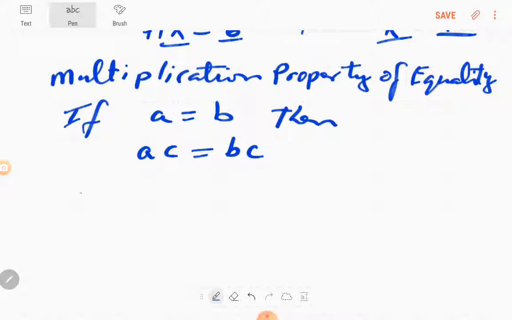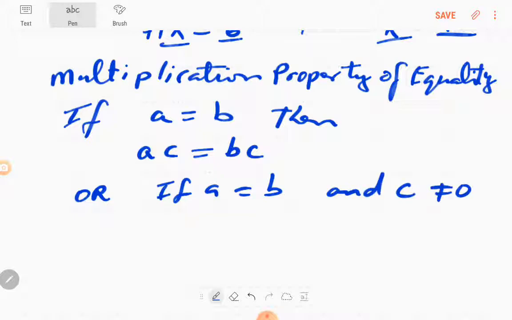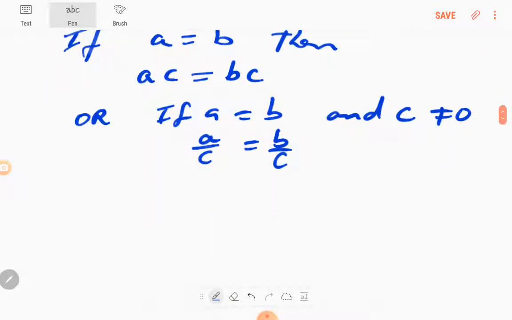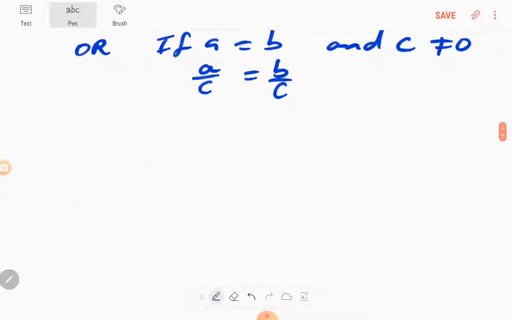Now, division is part of that, but we cannot divide by C if C is 0, though. So if A is equal to B and C is not equal to 0, then we could divide both sides by C, and it remains a true statement. Okay, let's look at a couple examples.